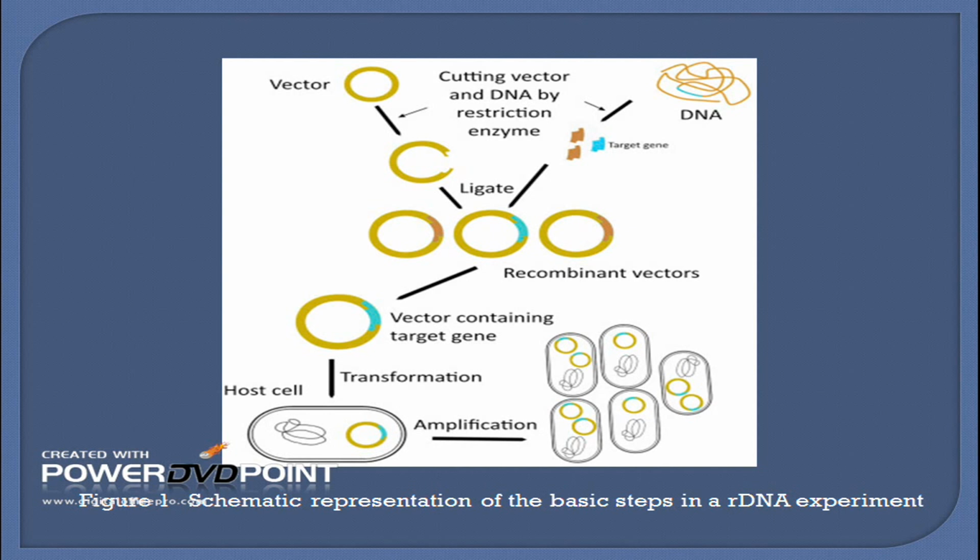After inserting the rDNA, these cells are allowed to amplify in a nutrient medium so that the bacterial cells divide and also the recombinant DNA inside that host cell self-replicates and increases in number.